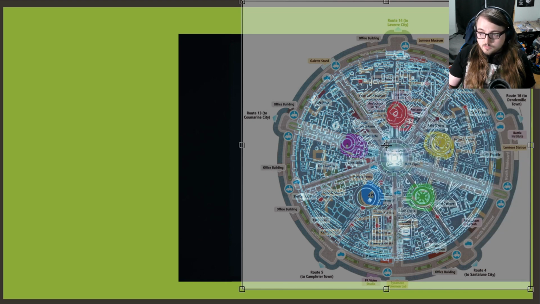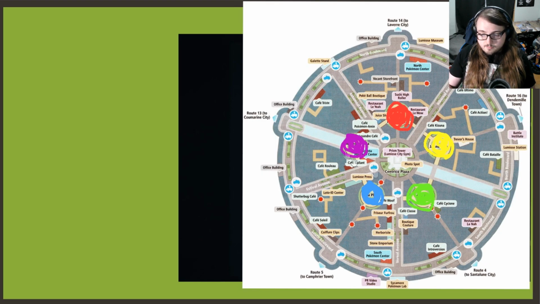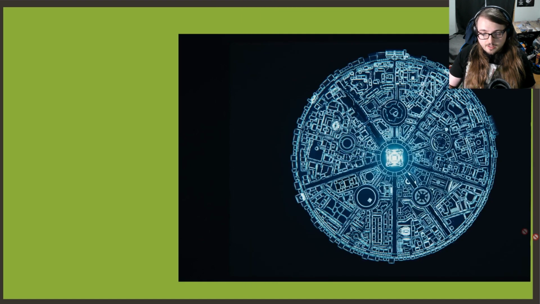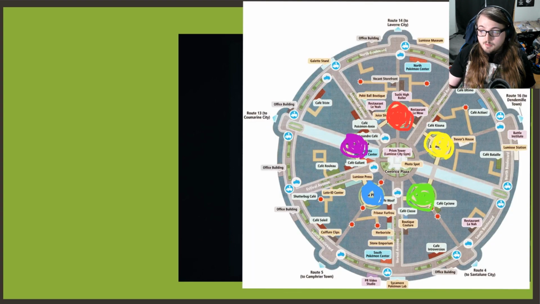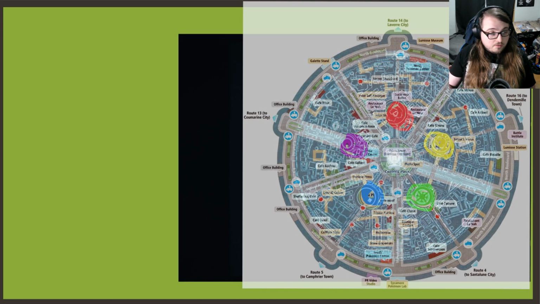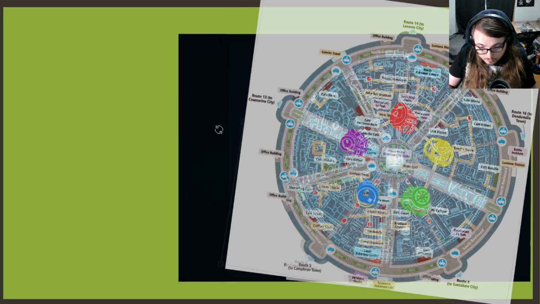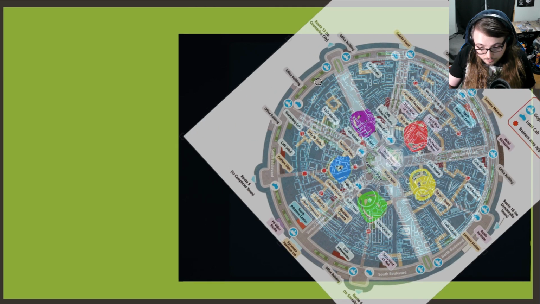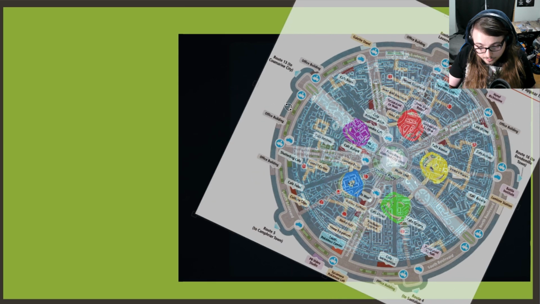So if we go back here, this watery tunnel doesn't exactly line up with this watery tunnel. Well, let's make it line up. So let's go ahead and rotate this one so that these ones actually are connected.